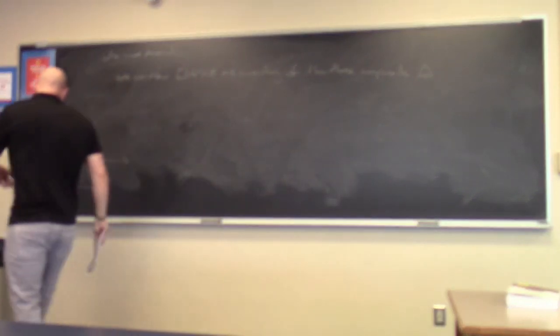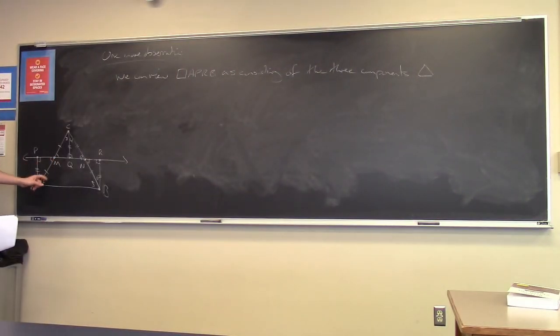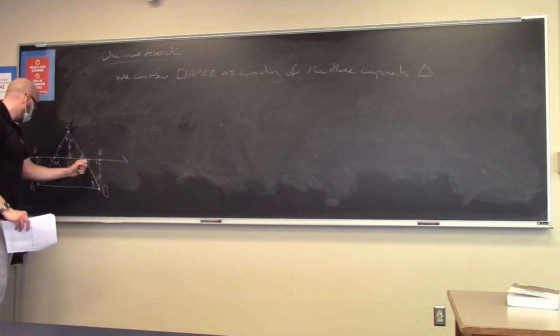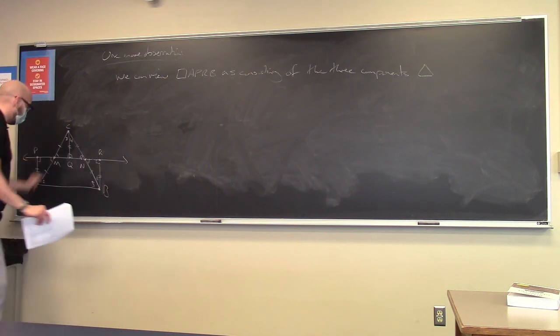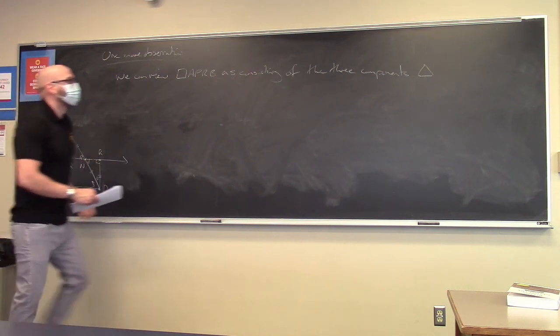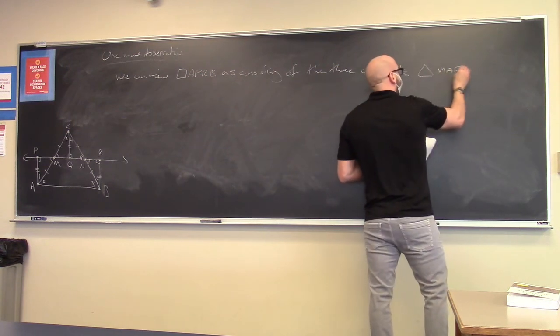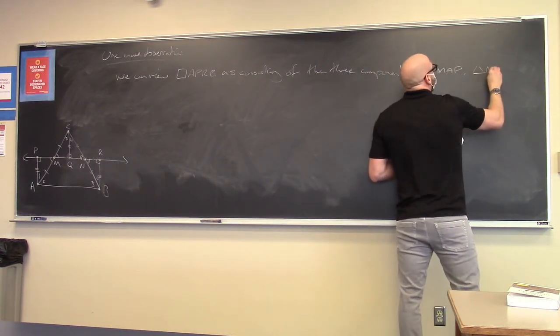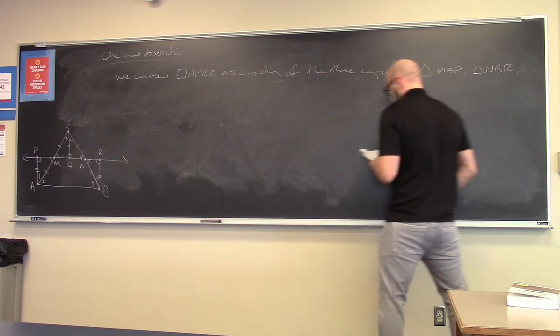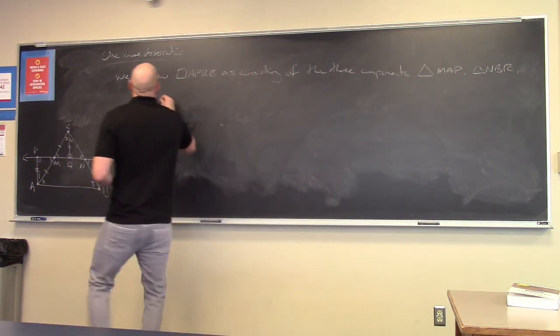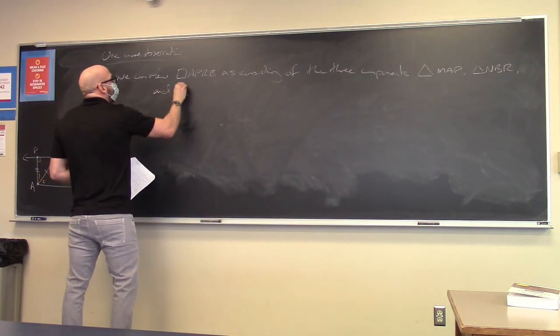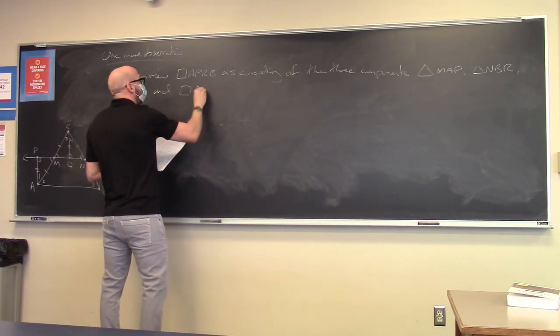What do I have in this picture? I've got three triangles. Three component parts for the security quadrilateral: triangle MAP, triangle NBR, and quadrilateral AMNB.